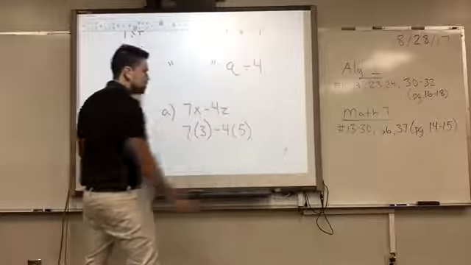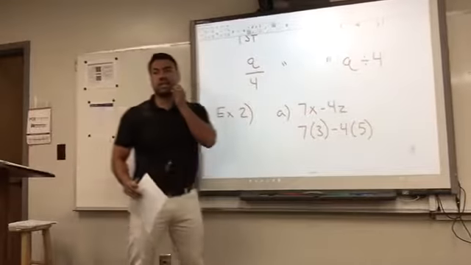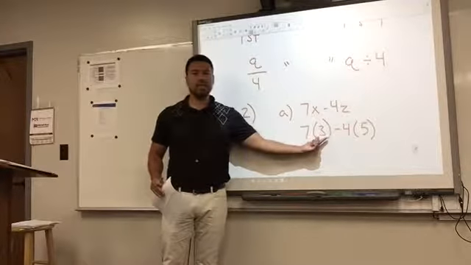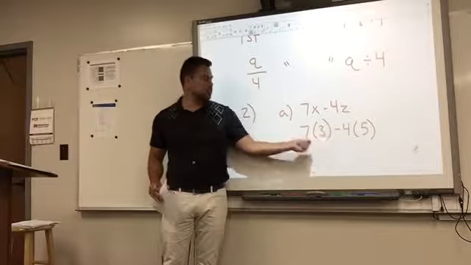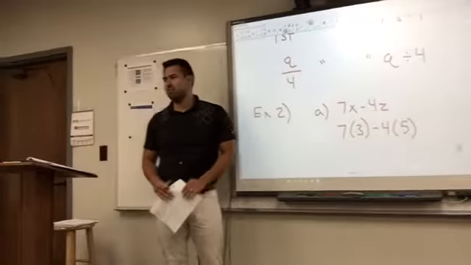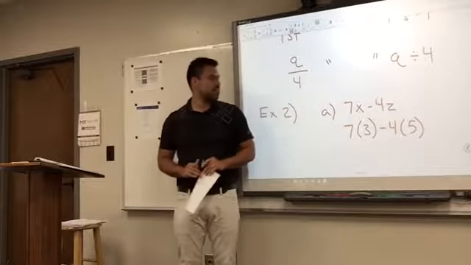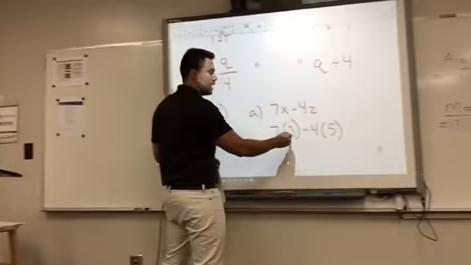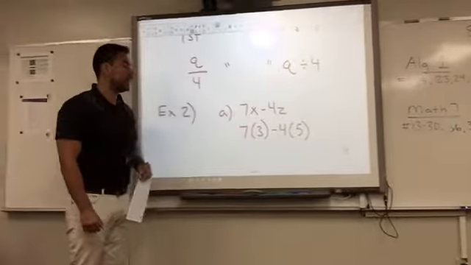All right, everyone good on those? Okay, notice what I did here. Instead of putting x, I put 3. I put it in parentheses. Why would I do that? Why wouldn't I just put 7, 3, and then minus 4, 5? Marissa? Oh, okay. So you got to show me that it's multiplying here and here. Keep it straight.